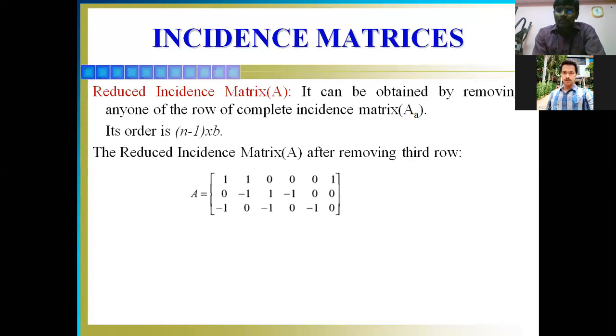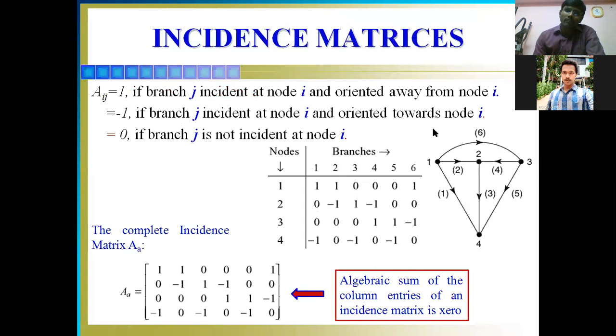Suppose you take this graph, how many active nodes are there? These three are the active nodes. This is the ground node, the reference node. So if you write KCL for these three equations, you can analyze the entire network without writing the nodal equation for the fourth node because it is a reference node. So you can remove the reference node row.